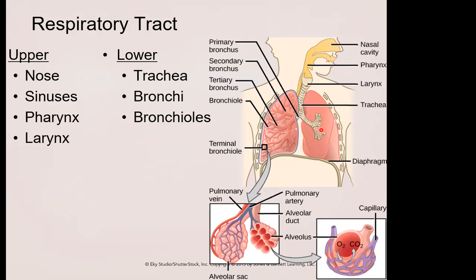Those further divide into smaller tubes, smaller channels called bronchioles. You all have heard of arteries, maybe arterioles. Arterioles are smaller than arteries. Bronchioles are smaller than bronchi. And then, at the end of our bronchioles, we have what's called a terminal bronchiole, leading to a respiratory bronchiole.